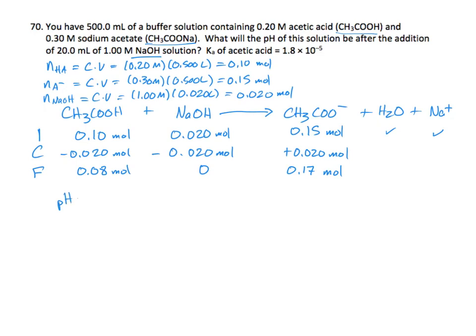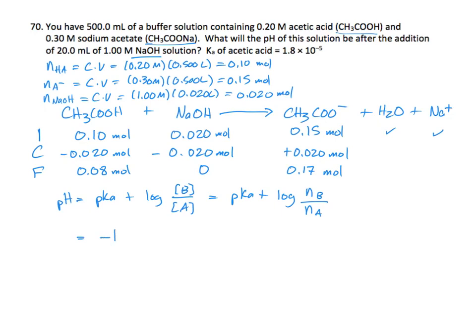We know that pH equals pKa plus log concentration of the base over the concentration of the acid. Another way we can write this actually is pKa plus log moles of base over moles of acid, because the ratio of the concentrations is going to be identical to the ratio of the moles because they're both in the same volume.